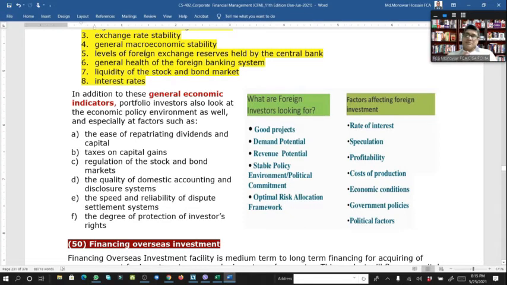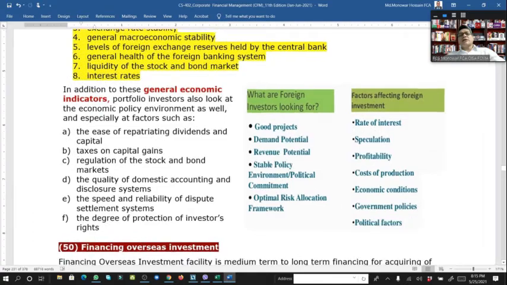So that's why we need a vibrant capital market, the quality of domestic accounting and disclosure system, the speed and reliability of the dispute settlement system, the degree of protection of investor rights, etc.